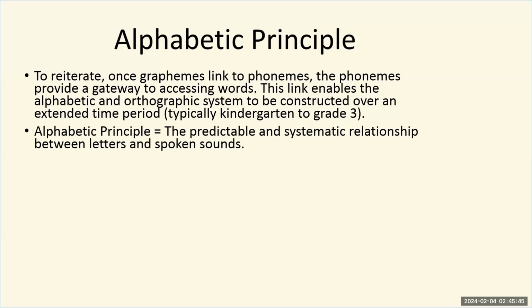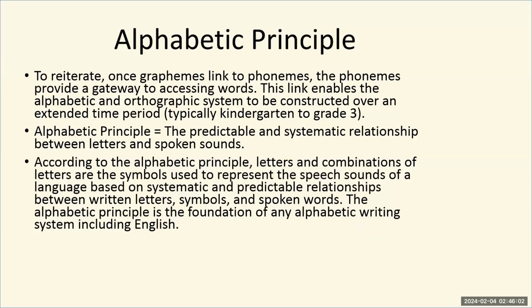The alphabetic principle refers to the predictable and systematic relationship between letters and spoken sounds. When I see a B, it should say the B sound. When I see the S, it should say the S sound. According to the alphabetic principle, letters and combinations of letters are symbols used to represent the speech sounds of a language based on systematic and predictable relationships between written letters, symbols, and spoken words, which brings us back to the lips, tongue, alveolar ridge, and the palate that we looked at earlier.